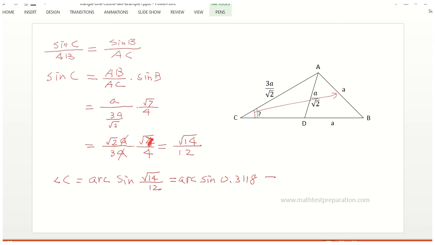So this equals 18.17 degrees. Now we get angle C is 18.17 degrees.